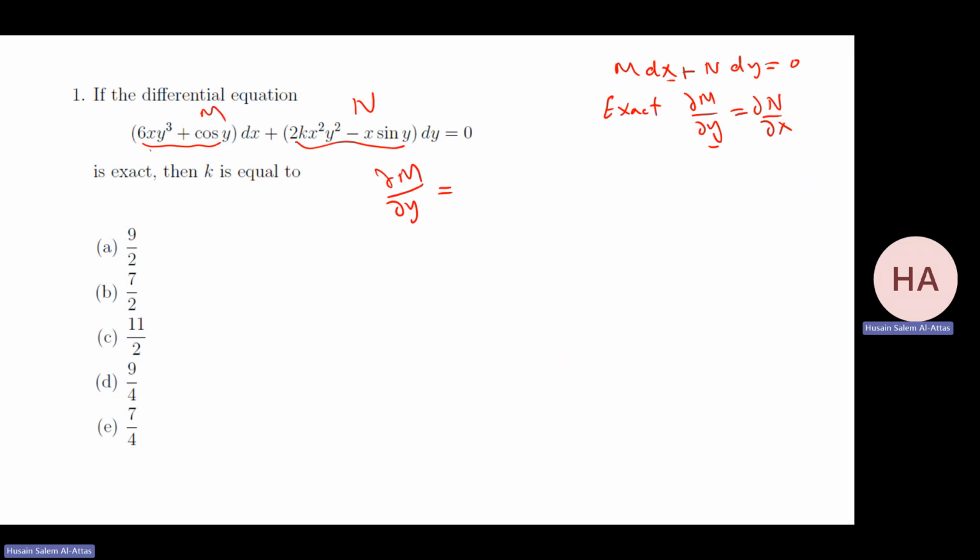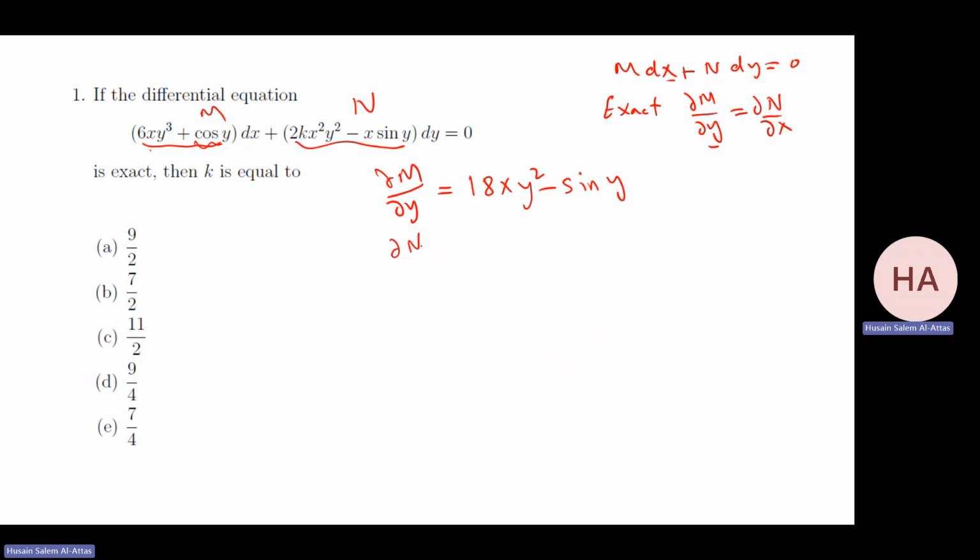I differentiate with respect to y, so I consider x as constant. I have 6x, which is a constant, and the derivative of y cubed is 3y squared. That will be 18xy squared. This is cosine of y, so that will be minus sine y.